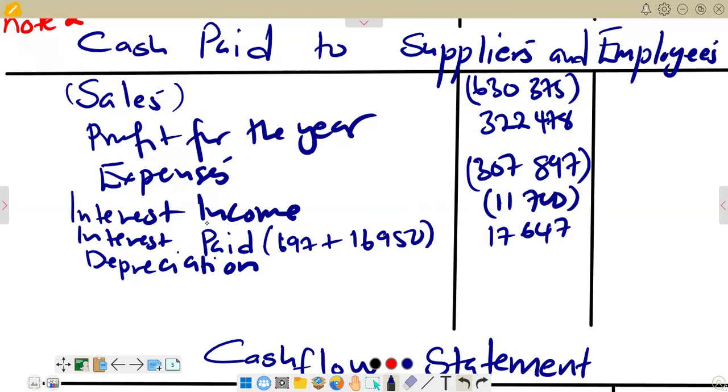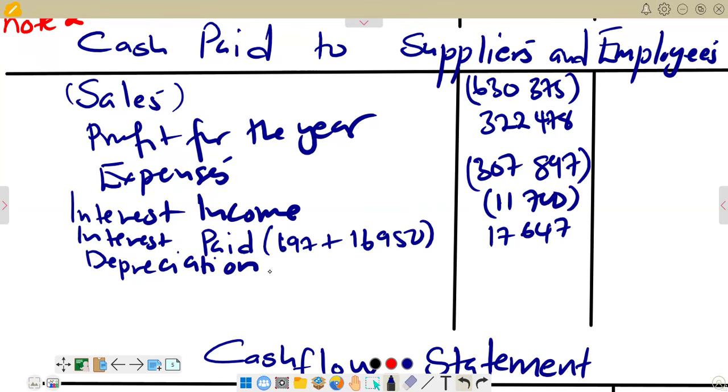And then when you go to the cash flow statement, we readjust them again. On depreciation, we are removing it because it's a non-cash item. Remember, we are preparing a cash flow statement whereby we are only concerned with actual cash movements in and out of the business.